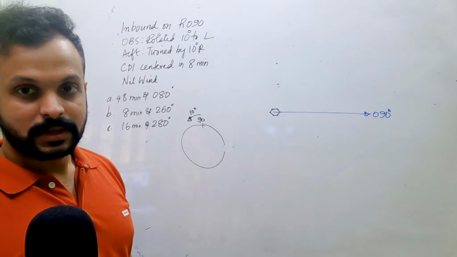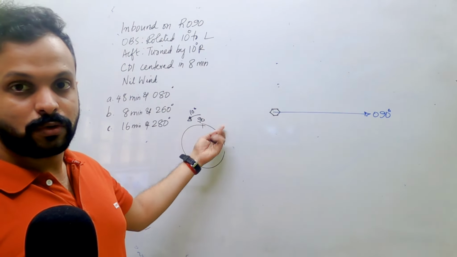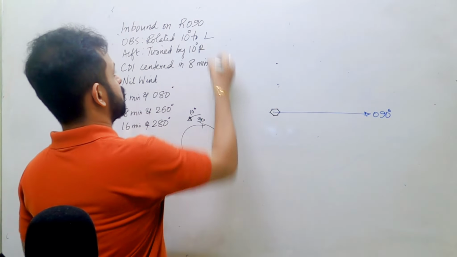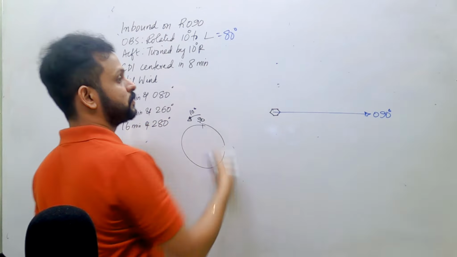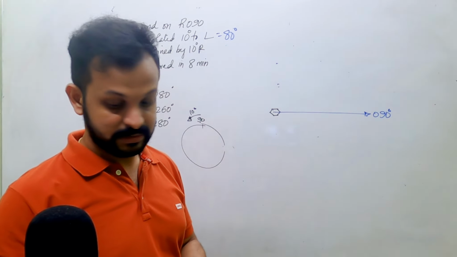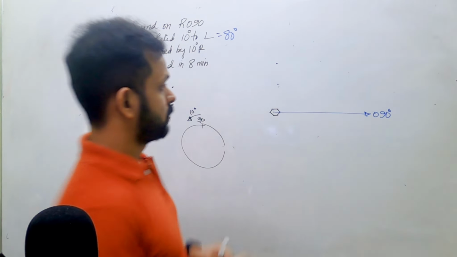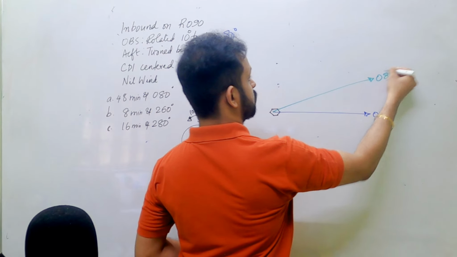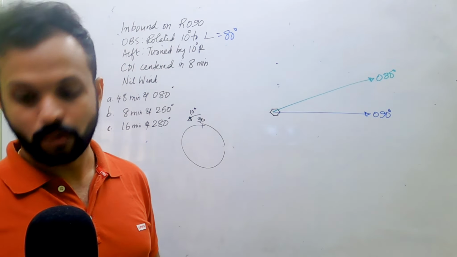It will be 80. Turning it to the right will increase the value, to the left will decrease the value. Therefore, the new OBS is 80. Now what's the meaning of that? That is going to make your current radial 090, but the selected radial will be 080. This is the new OBS.